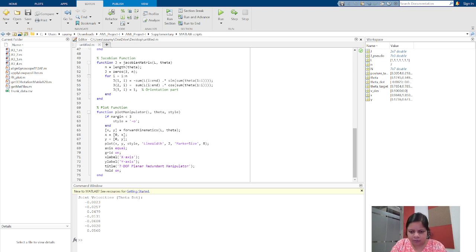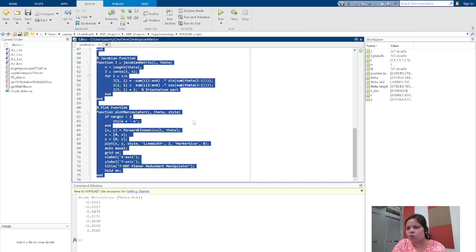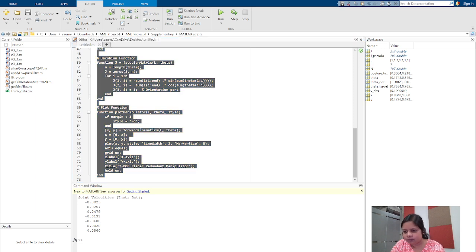One more thing, for your convenience, I'll copy the code and paste it here so that you can directly take it from here. I think I cannot send the whole code here.